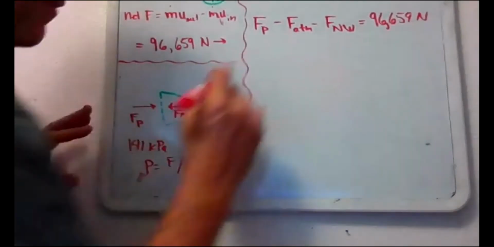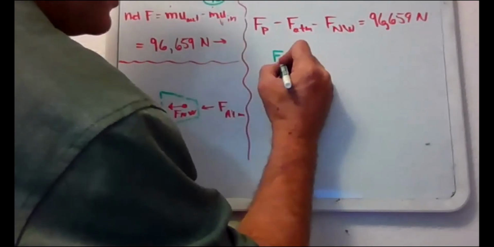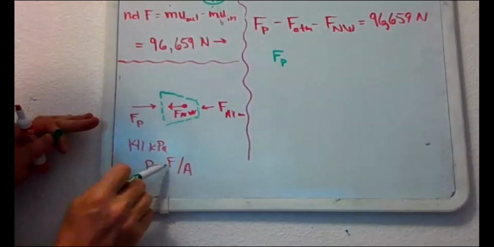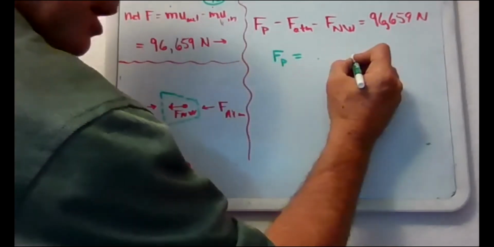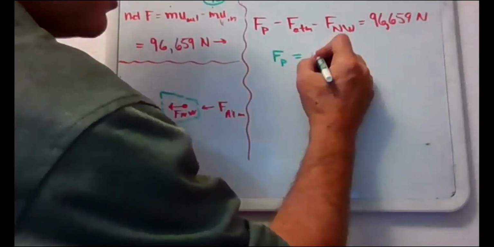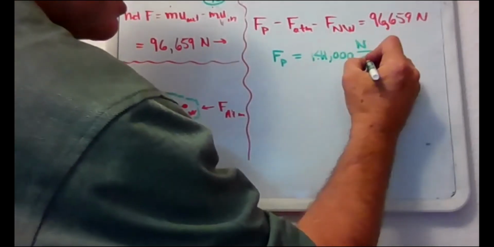So this FP over here, I'll write it in a different color so we can see it, is going to be equal to the pressure over here times the area. So pressure times area. The pressure is 141,000 newtons per meter squared.